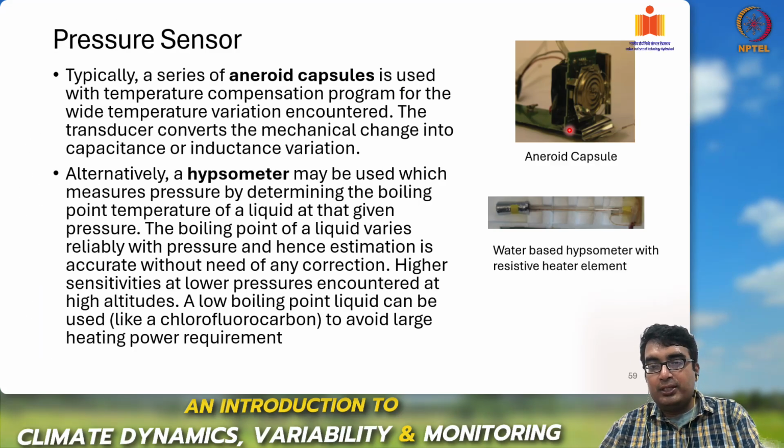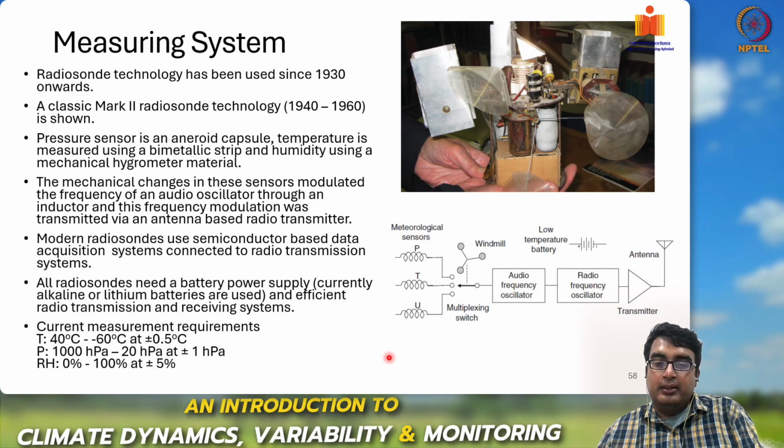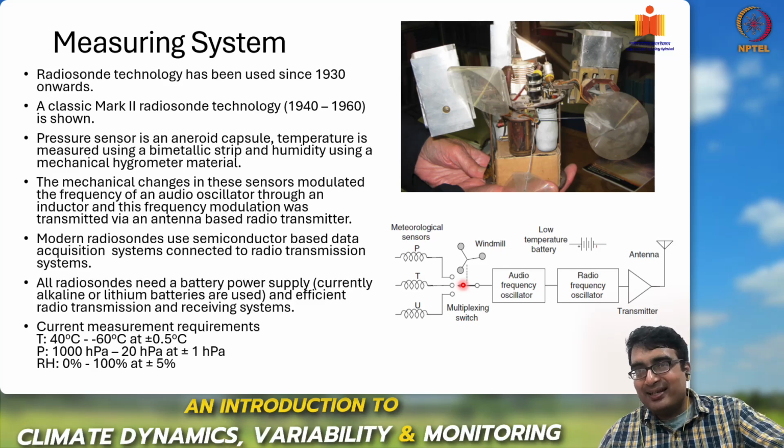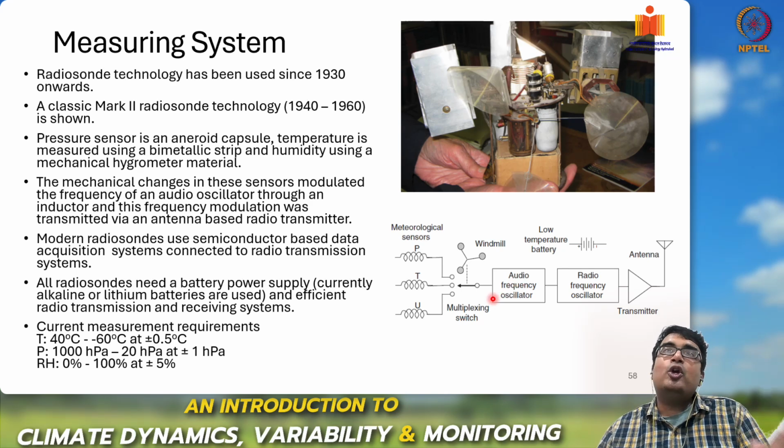So, if you go back to this figure, you have multiple sensors, and these sensors create a voltage signal that is changing the frequency of this oscillator. How do we know which sensor is being activated?